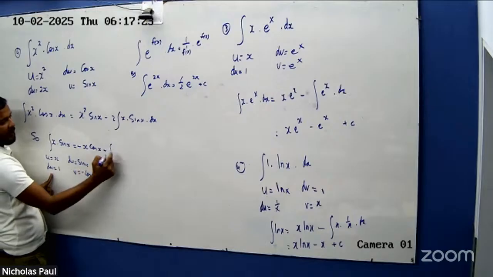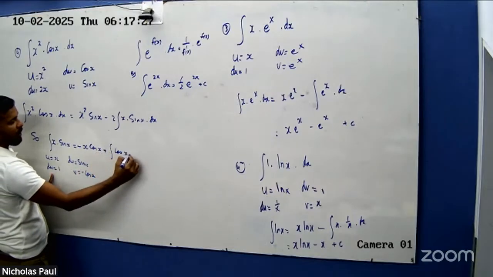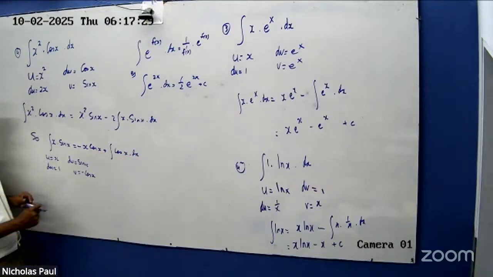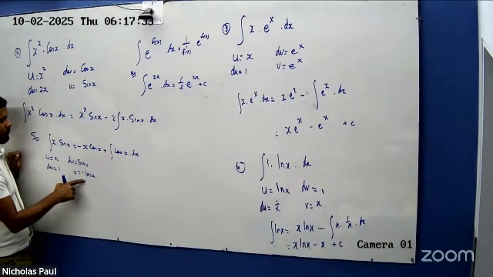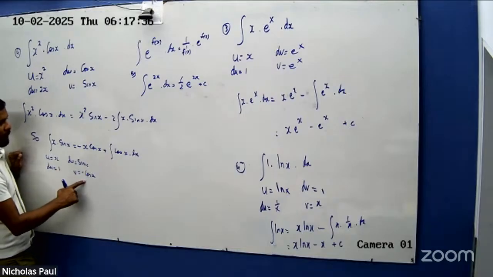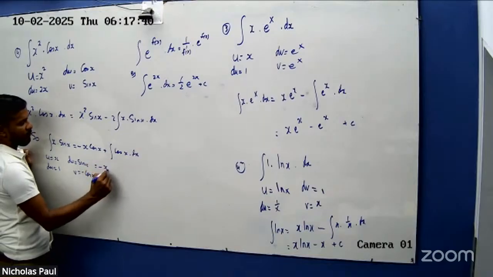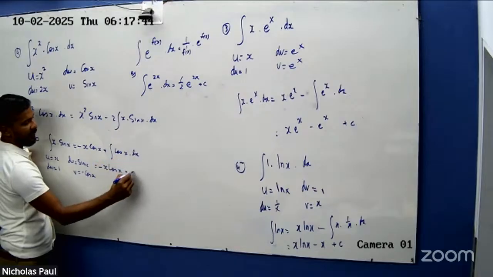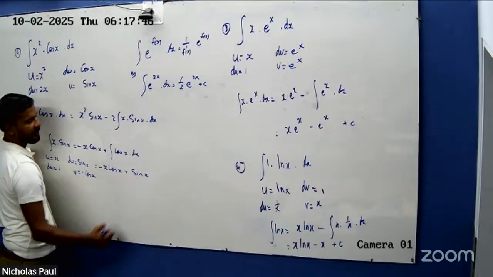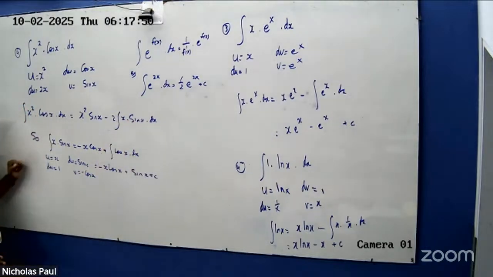Instead of putting the minus, I'm putting a plus here: plus cos x dx. And the final part was the integral of cos x, you just write sin x. You can write plus c, but in the end you'll get one big plus c, so it doesn't matter.